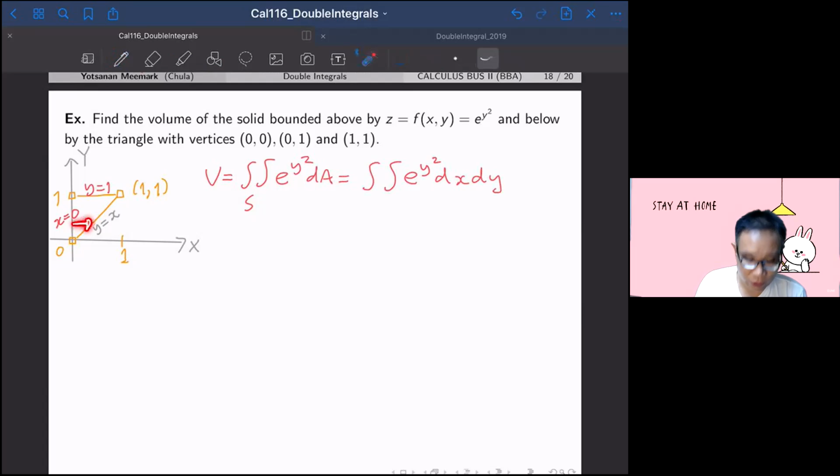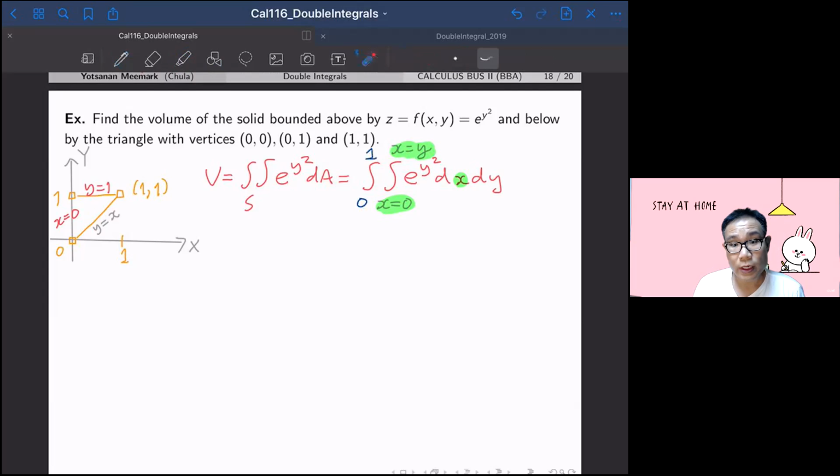It's going to be x equal to 0 to x equal to y, due to x running first. Then y covers from 0 to 1, as you can see.